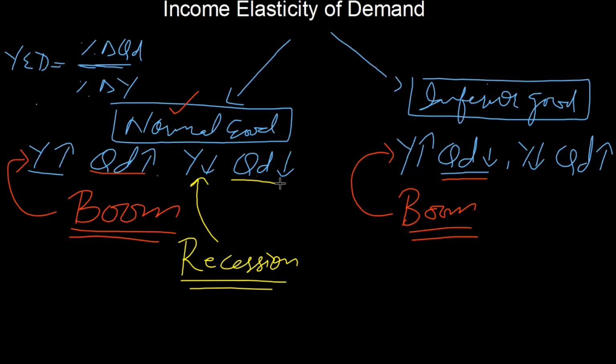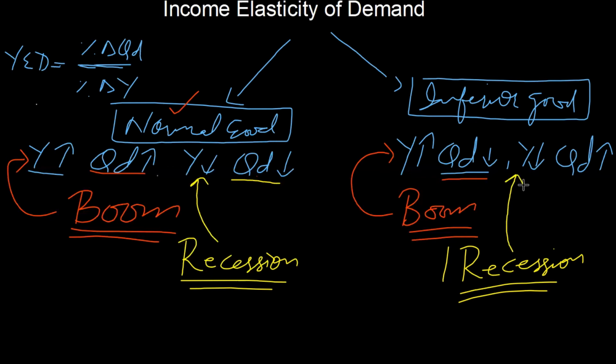And in the second situation, if there is a recession in the economy, it leads to a fall in the income of consumers, and when consumers' income is low, they purchase a greater quantity of inferior goods. This signals that producers should decide to produce a greater quantity of inferior goods during the period of recession.